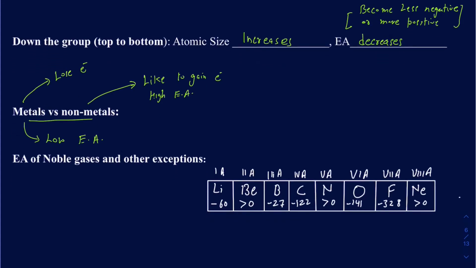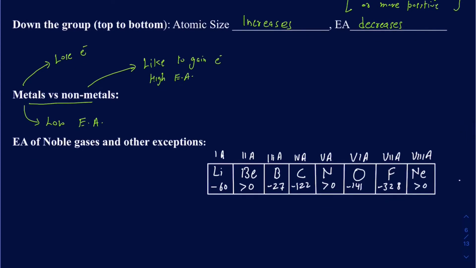That's the second exception I want to talk about here. When it comes to noble gases, it's just a nightmare to add an electron, because noble gases already have a stable electronic configuration. So if they already have a stable electronic configuration, why bother adding an electron and disturbing it?